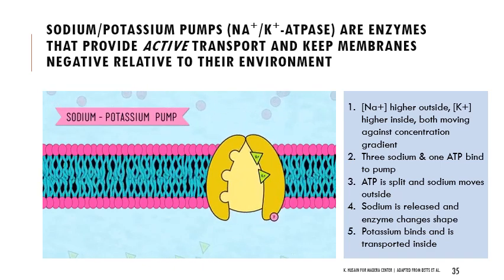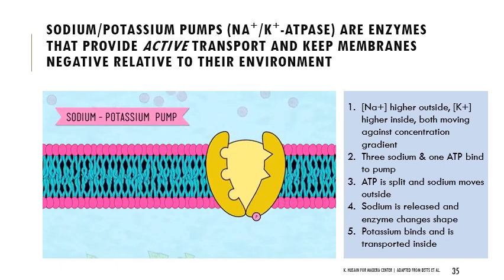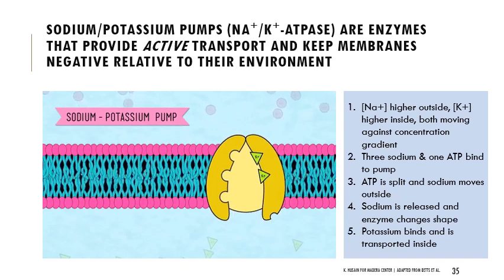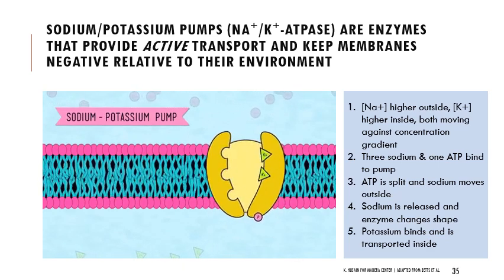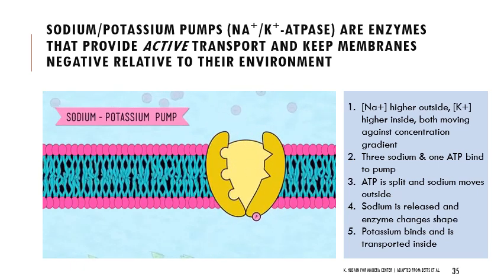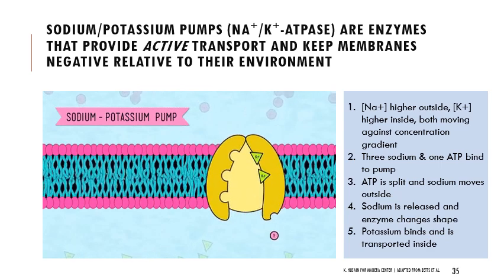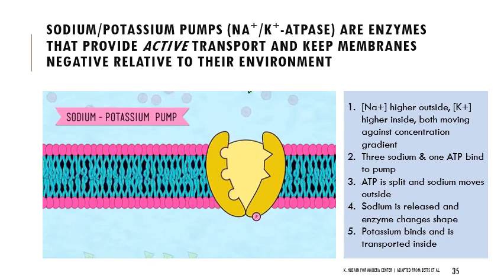The enzyme changes shape, and then potassium binds, that's located outside the cell, and it's pumped inside. So the reason we spend so much energy to keep these going is because that charge difference that's established represents potential energy. It keeps these concentration gradients really strong so that we can use them to our advantage when we want to send signals.